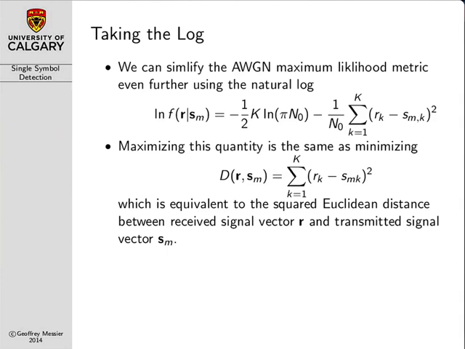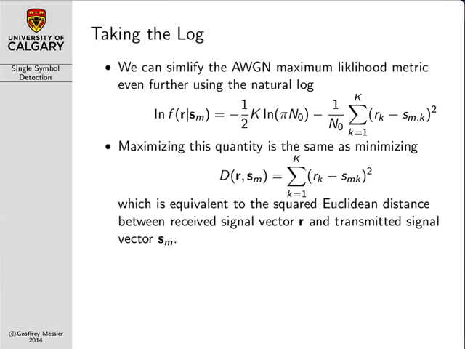So the first thing that we do to simplify the likelihood expression even further is we take the natural log of it. And this may not seem intuitive at first, but this is a very, very common way to simplify decision metrics that utilize the Gaussian distribution, right? So the Gaussian distribution has that exponential term in there, and of course the natural log is the inverse of the exponential function.